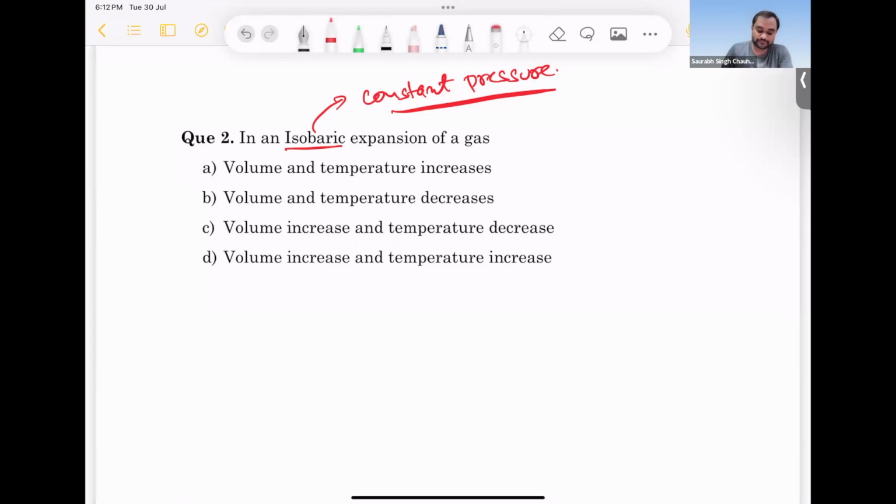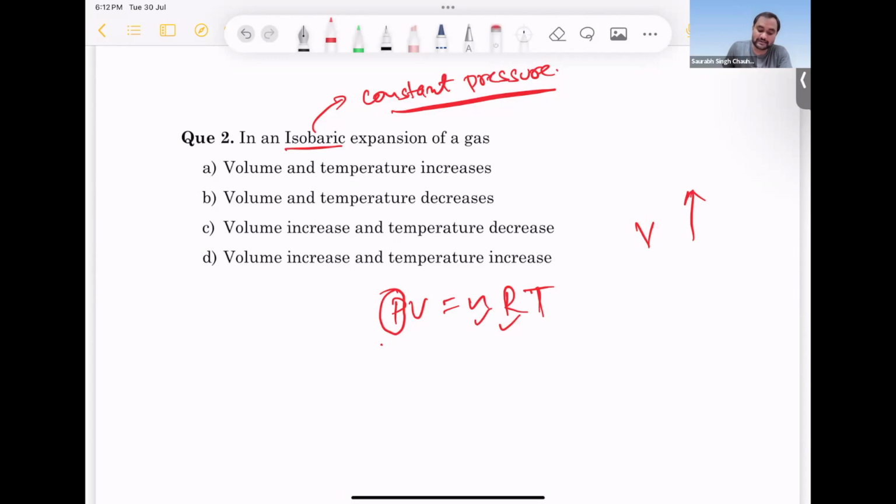If you just apply PV = nRT, from this equation itself you can answer the question. Here pressure is constant because it is an isobaric process, and expansion means volume is increasing. So P is constant, but volume is increasing. n is constant, R is constant, so T should also increase, right?